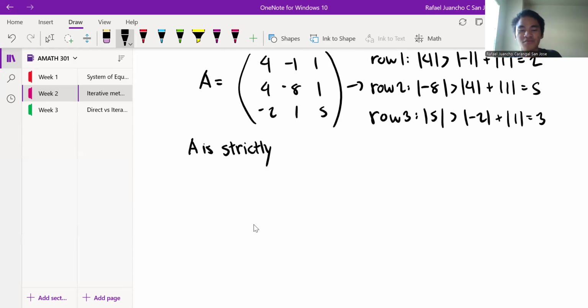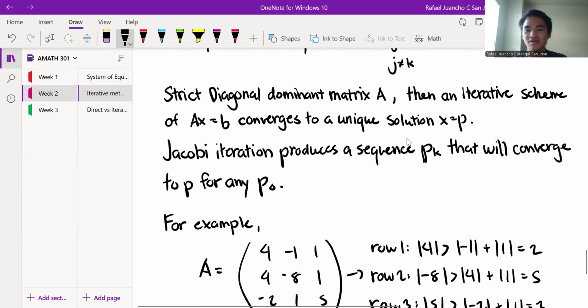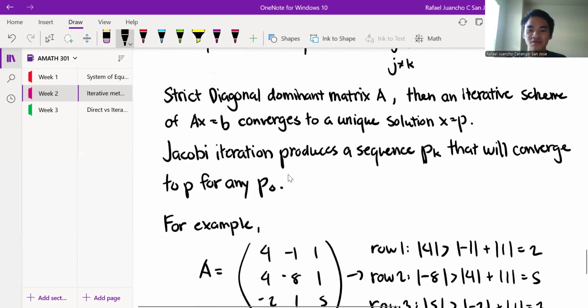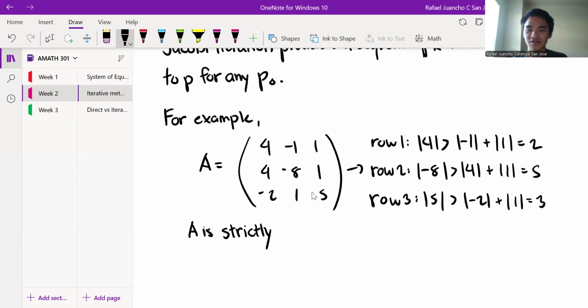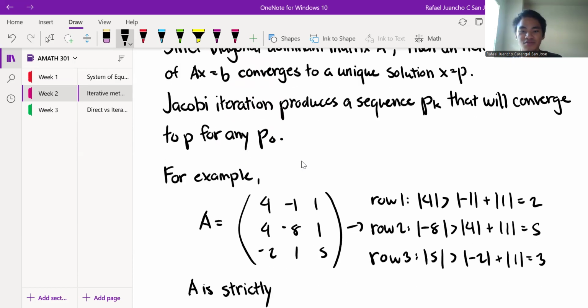So if we pick any point and we use an iterative scheme, and even if we switch up the rows, then in theory, we should be able to converge to a solution.